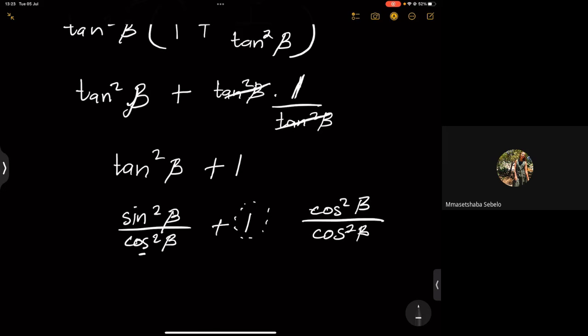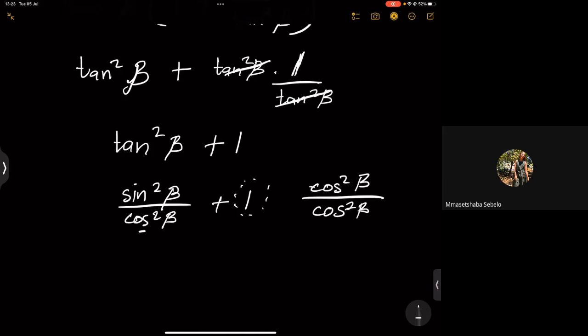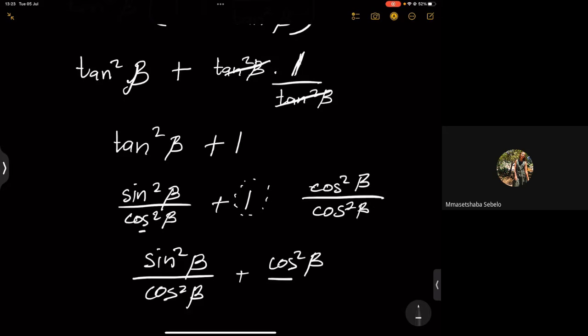So I'm writing it as a fraction that has a denominator of cos squared of beta. So in this case, I'd have sine squared of beta over cos squared of beta, plus cos squared of beta over cos squared of beta.